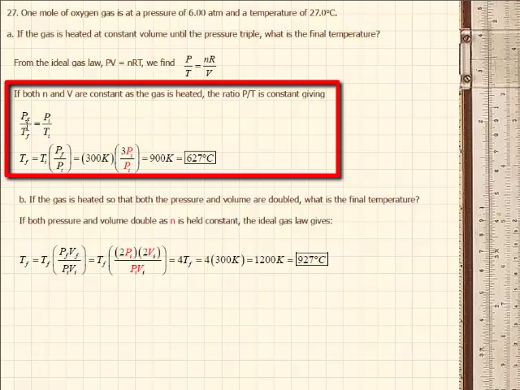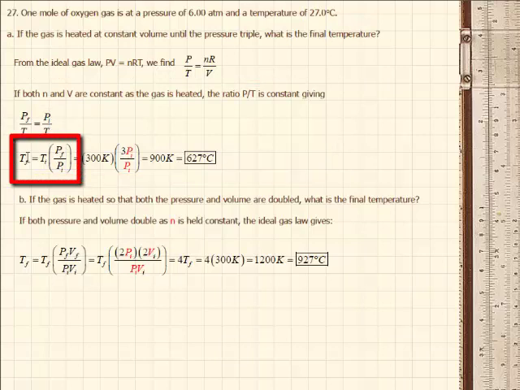So pressure final divided by temperature final is equal to pressure initial over temperature initial. Okay, moving terms around so that we can solve for that final temperature.